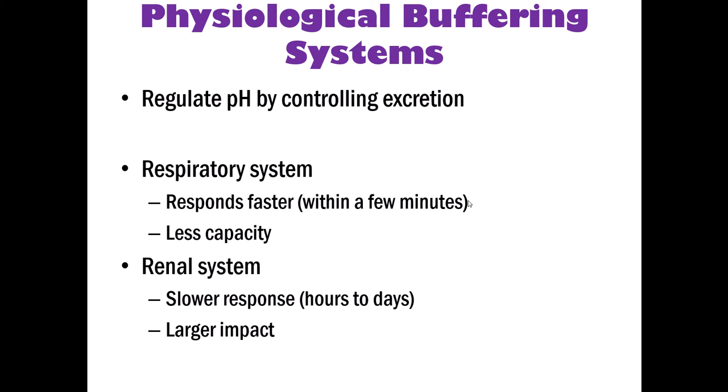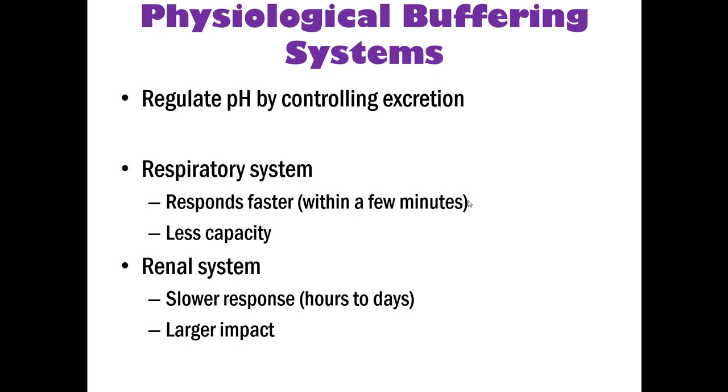Now, the respiratory system tends to respond faster. If your blood pH swings out of whack, within minutes, your respiratory system will change its functioning to regulate blood pH. But it can only do so if the swings in pH aren't that bad. The renal system takes a little bit longer to kick on because we're talking about changing what we reabsorb and what we secrete.